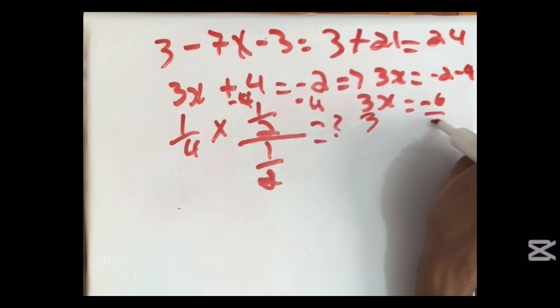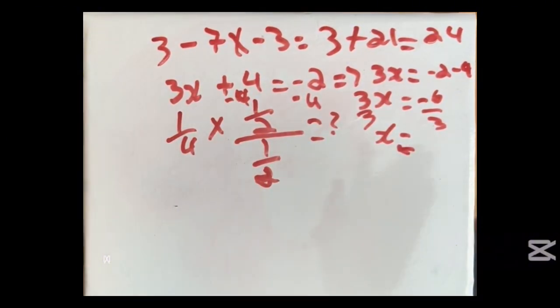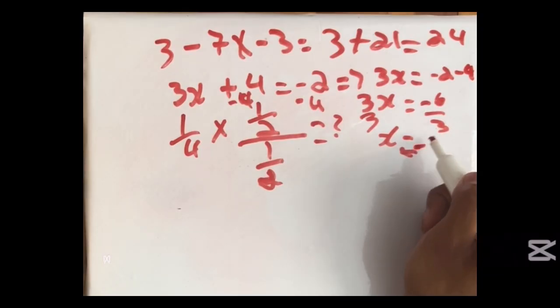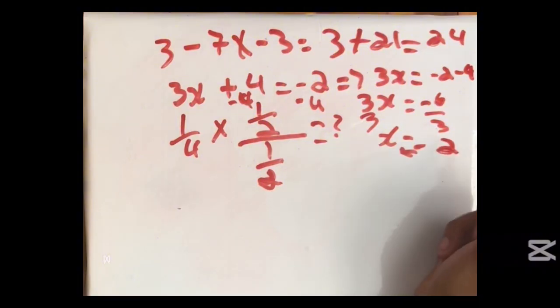Now it's one of our rules again, same as multiplication for division. When you're dividing a negative by a positive, which is two different signs, it's always going to be negative. Everyone knows 6 divided by 3 equals 2, right? So -2. This is the final answer.